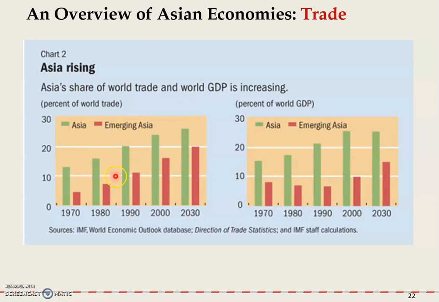As you can see on the right-hand side of this figure, when the Asian economies are catching up, they're experiencing faster growth in the past half a century, and we also find that they are more heavily involved in global trade. Back in the 1970s, Asia as a whole accounted for about 12% of world trade, and in 2030, which is projection data, this share would be more than 25%, in other words more than a quarter of global trade.